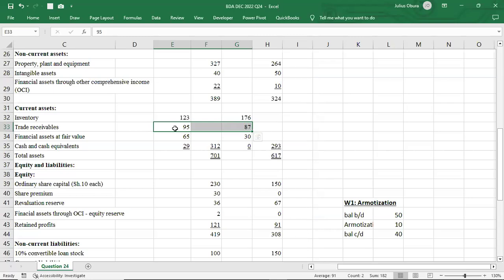But let me make something clear here. For this aspect of receivables, we look at it from the perspective of sales. When we have an increase in sales, we ask ourselves, is that a cash inflow or a cash outflow?